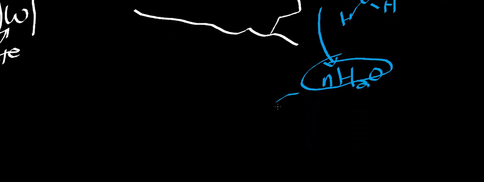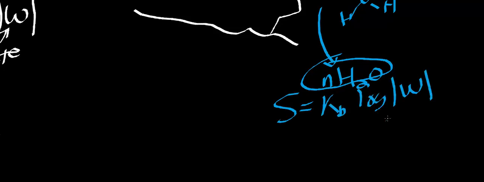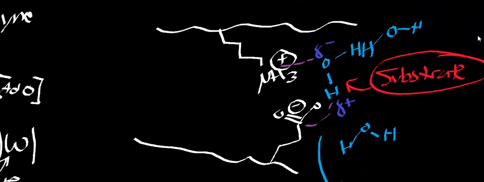So if I have my equation, the entropy is equal to Boltzmann's constant times the log of the number of microstates. If I increase the number of microstates, what happens to the entropy? It increases, right? So now you have an increase in entropy that's associated with water being expelled from the active site. And we call this process desolvation. Okay?